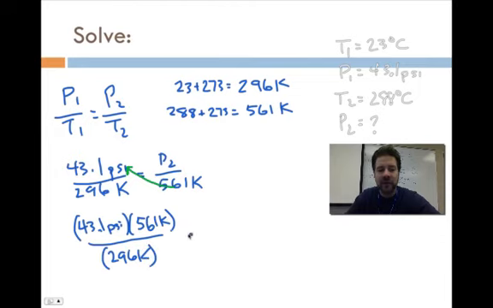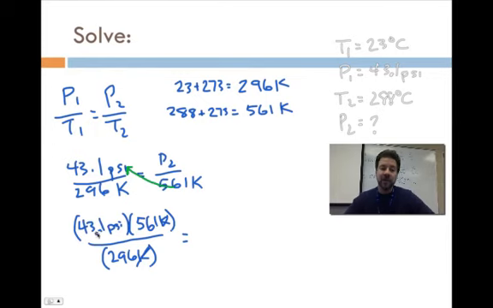You'll notice that I'm leaving my units in the problem. The reason I do that is because it makes my final answer guaranteed to have the right unit, and here's why. Whenever we have a K over a K, or any other variable over another variable, they cross-cancel. So my K's get slashed, and all that's left is PSI, which fits because we're looking for P2.